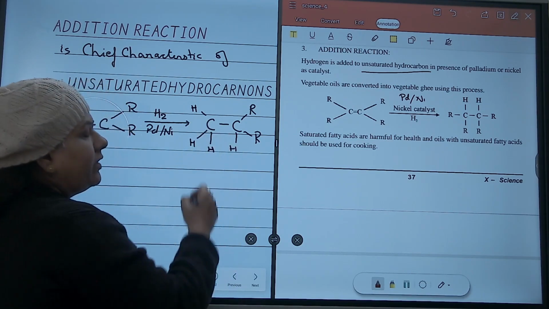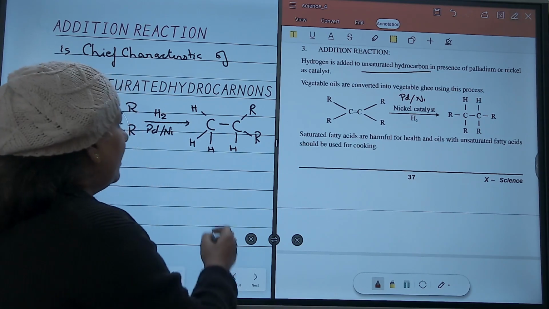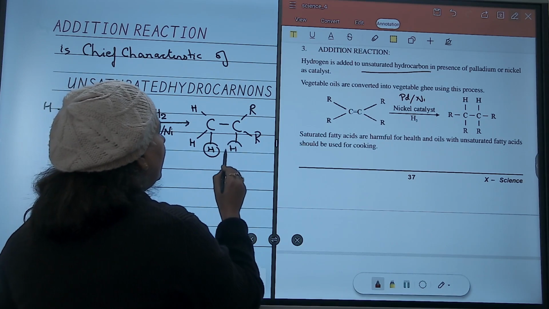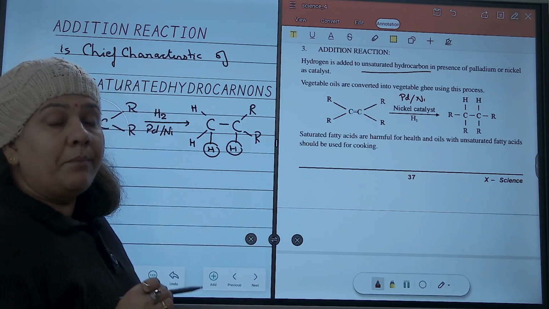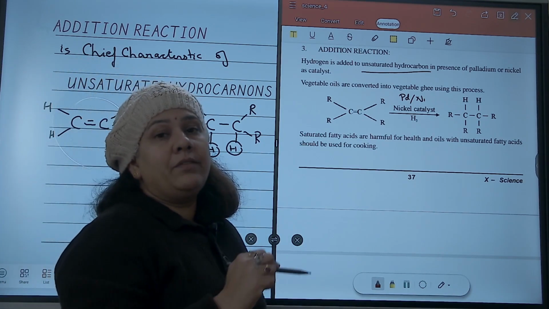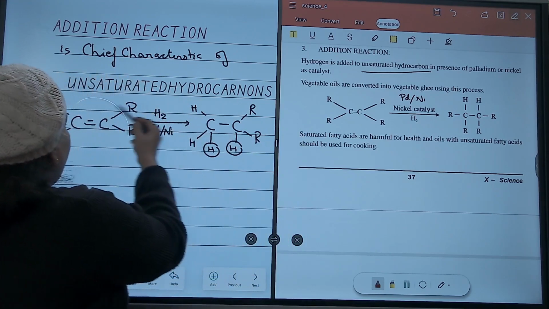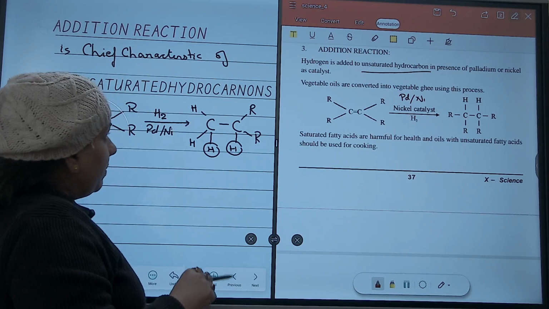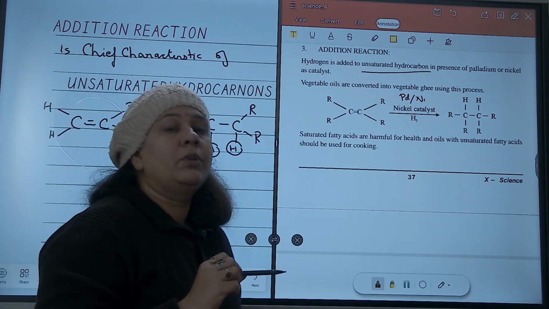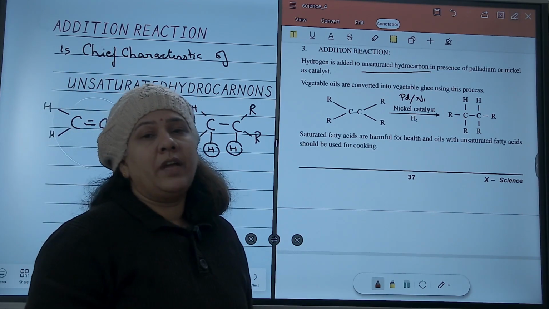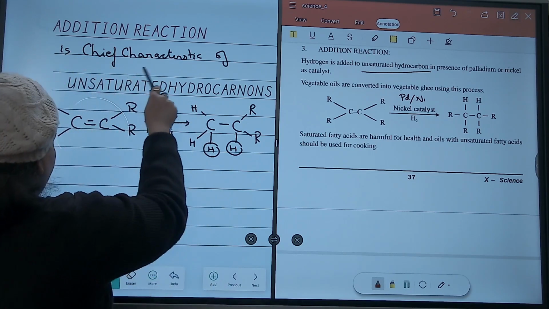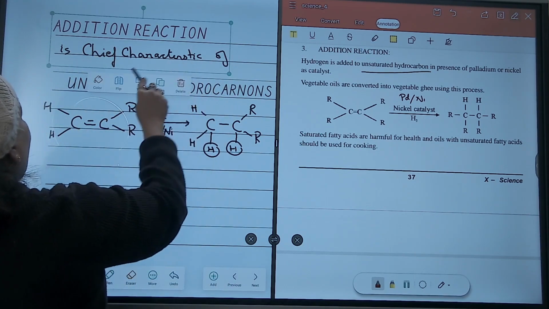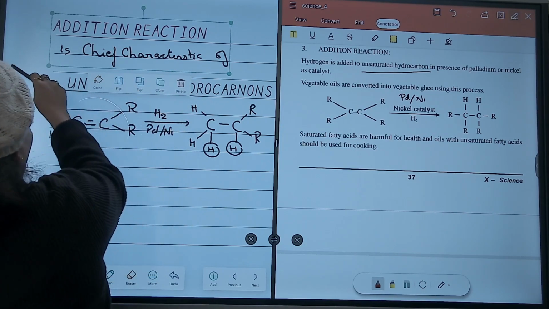See, now the tetravalency of carbon is complete, and these are two new hydrogen atoms that are added to the compound without replacing any of the atoms present in the original compound. Hence, it's called addition reaction. So there are 2-3 points you must always remember about addition reaction. Firstly, it is chief characteristic of unsaturated compound.